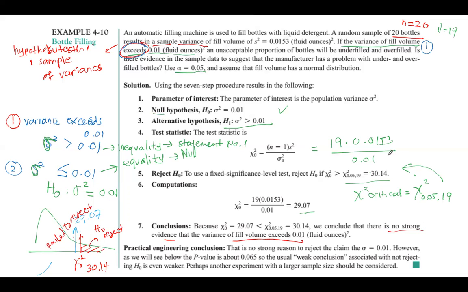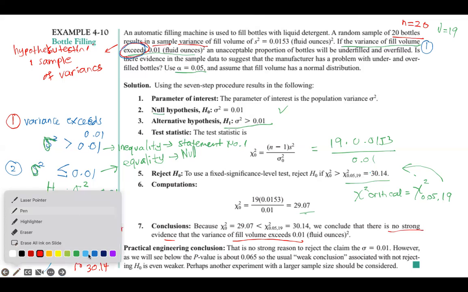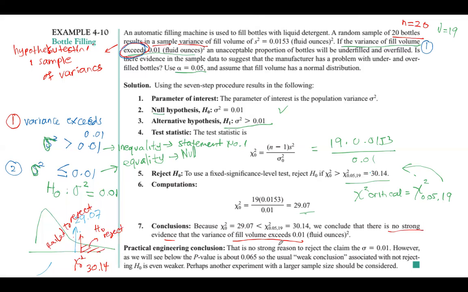Okay, now the question is, is it strong enough? Yeah, there is no strong evidence to reject. So we see that the p-value is in this area, the probability from the H0 to reject.